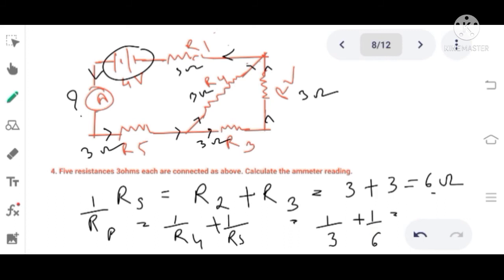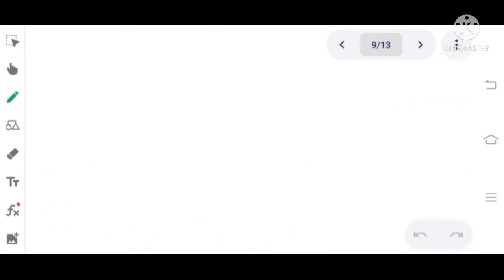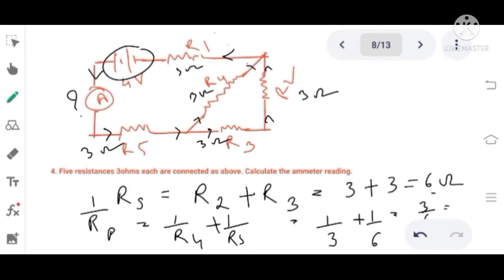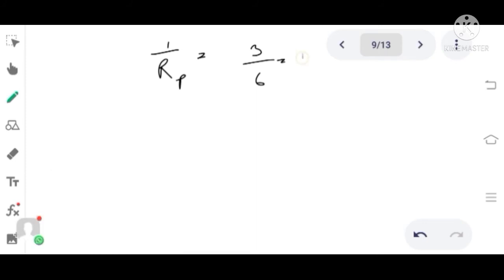When you solve this, 6 is the LCM. 2 plus 1 is 3 by 6, or RP is the reciprocal, 6 by 3, which is 2 ohms.